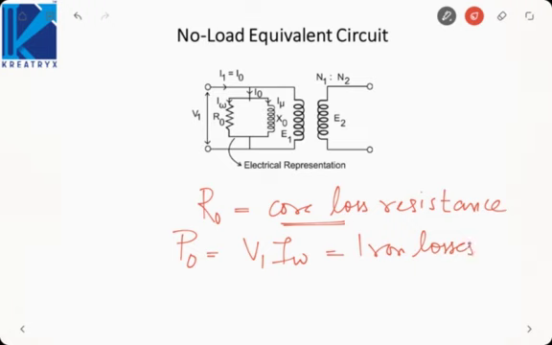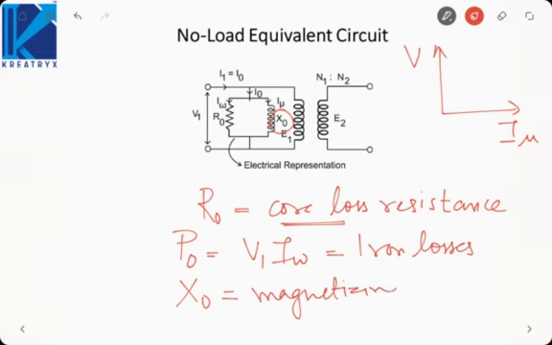Now we saw that I mu lags the voltage by 90 degrees. So if a current lags the voltage by 90 degrees, that means it is passing through an inductor. So we show a magnetizing reactance. X0 is called the magnetizing reactance. Okay, this is just being shown as a reactance because we see the magnetizing current must lag the voltage by 90 degrees.